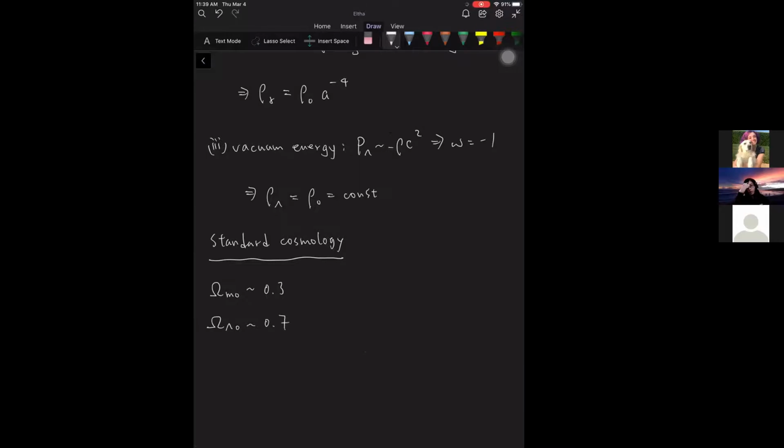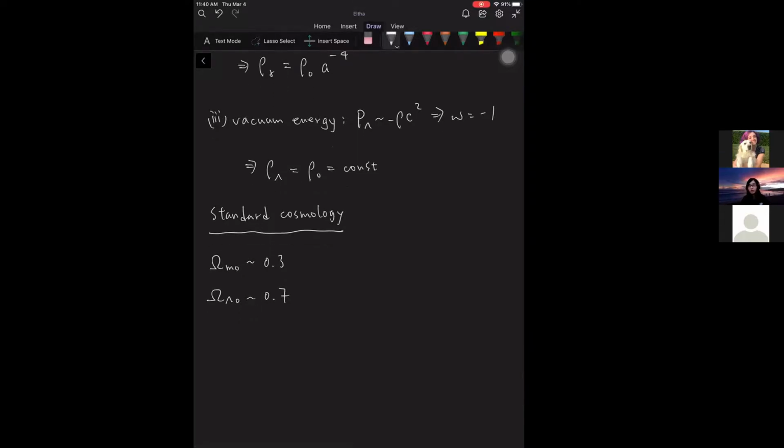This is determined from observations, right? We observe type 1a supernovae and then find the density ratio to the critical density of each component, and then we get this value. So this should be consistent with observations, and the radiation component should be very small.